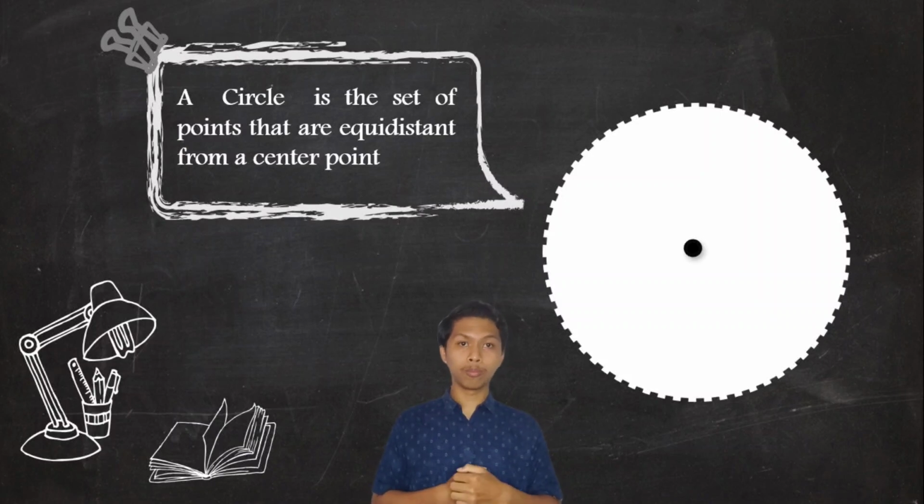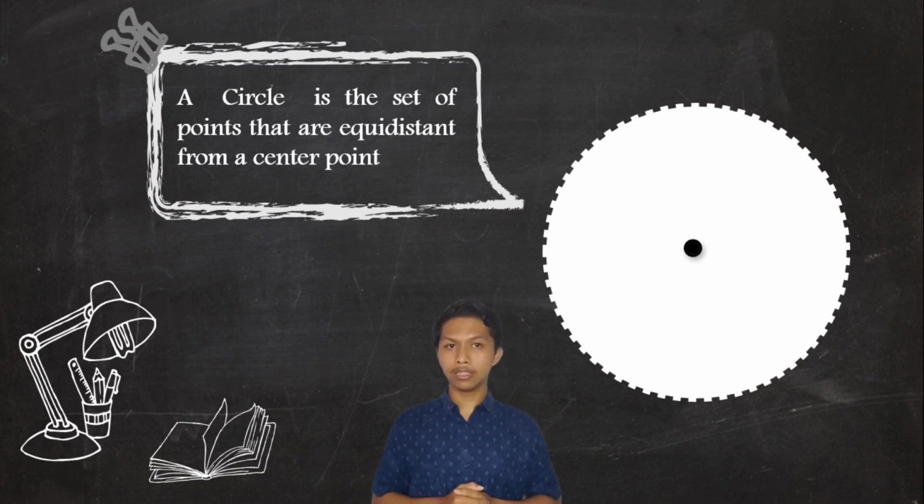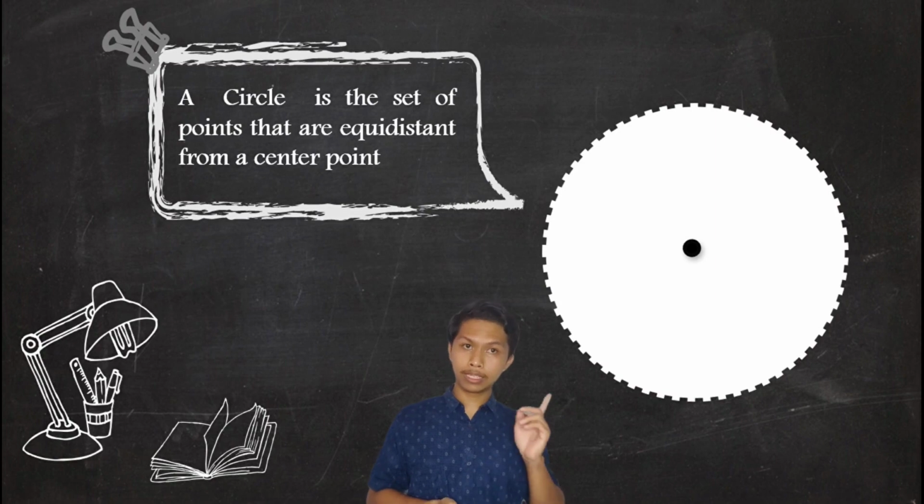Now, we make another point away from the center point. With the same distance, we make another point from the center point and so on. Notice, the more dots we make, the more the pattern looks like a circle. That's why a circle is defined as the set of points that are equidistant from the center point.